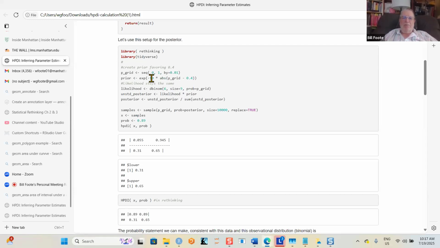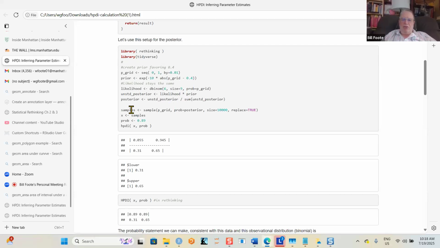It's all dependent upon the p grid, somewhere between 0 and 1. That's a sequence by 0.01. There's a whole bunch of those, and for each one, it contributes something to the prior. Well, that's what the next line does. It does a proportional over the sum, and it's called standardization or normalization.